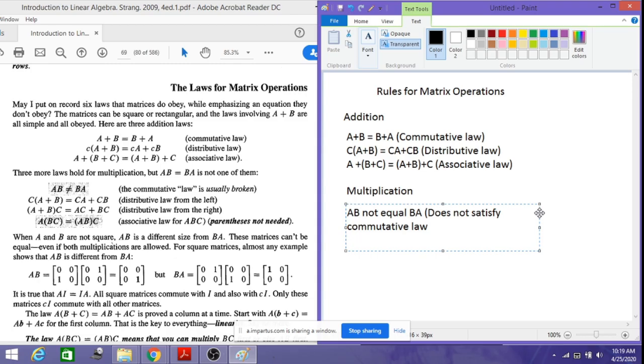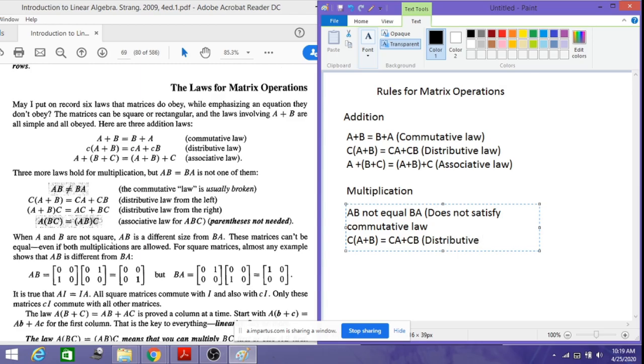Next is C. When you multiply, for example, a matrix C to an added matrix A plus B, it is the same as C into A plus C into B. So it satisfies the distributive law from the left.